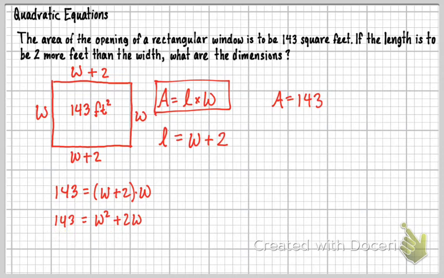This will be fun. So I'm going to take half of b, since it's kind of already set up for that anyways. So 2 over 2 squared. So that's going to be 1 squared, which is 1. So I'm going to want to add 1 to both sides. So now I get 144 equals w squared plus 2w plus 1.